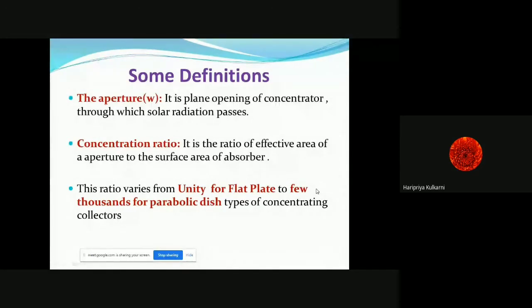Whereas for a parabolic dish, it will be a few thousands, because we are trying to focus. We are increasing the aperture, but the surface area of the absorber is a line or a point, so it has been reduced. We are trying to increase the numerator, though our denominator, which is the absorber, is very small. So in concentrating collectors, we get better efficiency because we are trying to increase the concentration ratio with the help of mirrors.